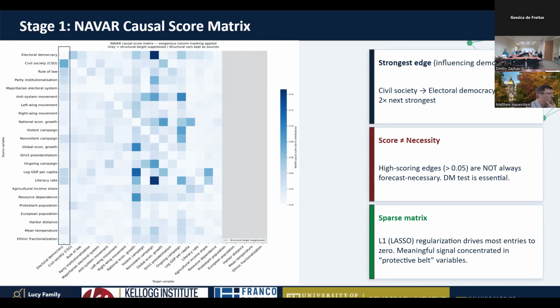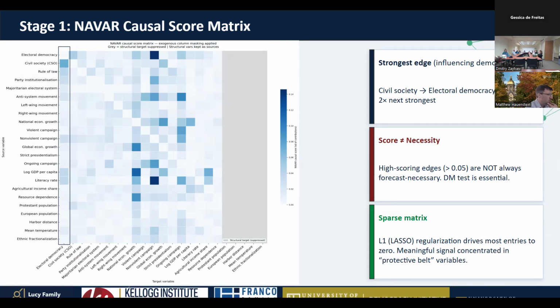The target variable of electoral democracy is the first column all the way over to the left. And then the darkness of the blue square next to each one of those variables shows the magnitude of the effect.